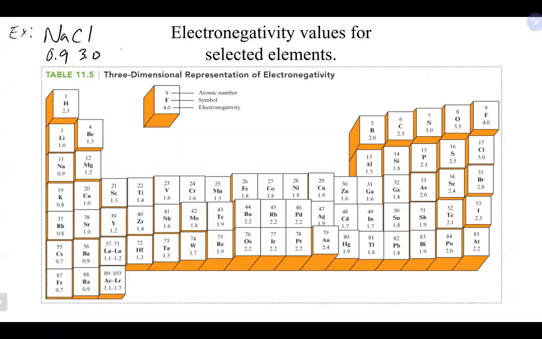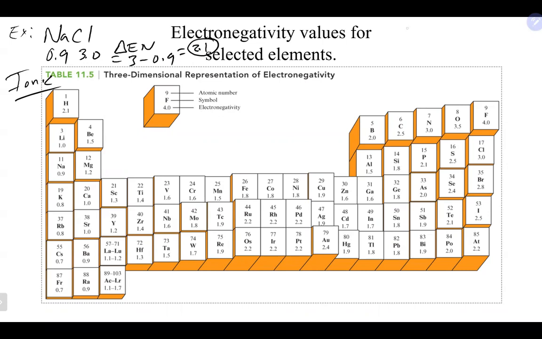And in this case, we just subtract the smaller number from the larger, so we get a positive. So 3 minus 0.9 is 2.1. 2.1 is above 2, so we will know that this is going to be an ionic bond. Once again, we don't really even need the numbers because that's a metal and non-metal. It should be ionic, but you could do it as well.